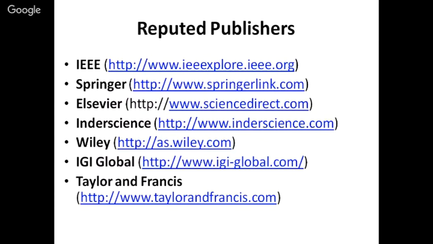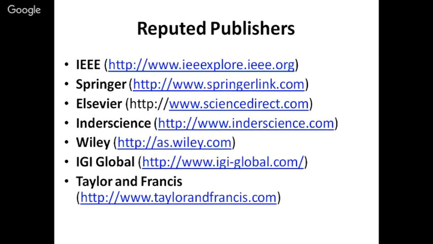These are some of the reputed publishers. As I said earlier, there are two types of publishers available, free and paid. These are some publishers who are reputed ones. You can note them down if you want.